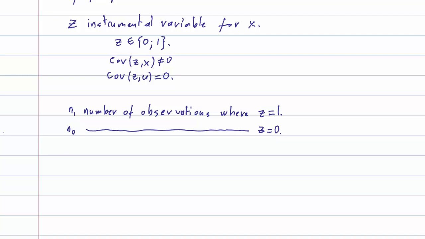We're going to define y1 bar, which is the average y in the treatment group. So it's just 1 over n1 times the sum of yi's for the i such that z is 1. And we have y0 bar, which is the average y for the group where z equals 0, so for every i such that zi equals 0.